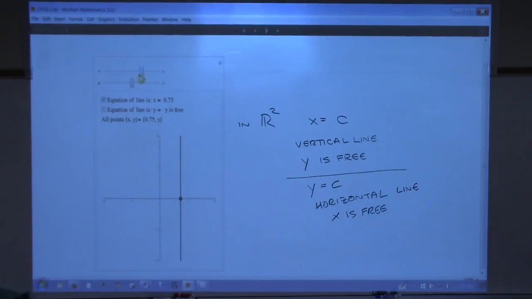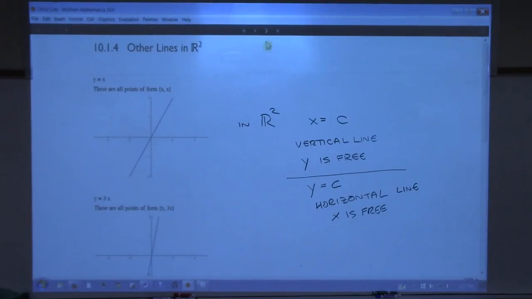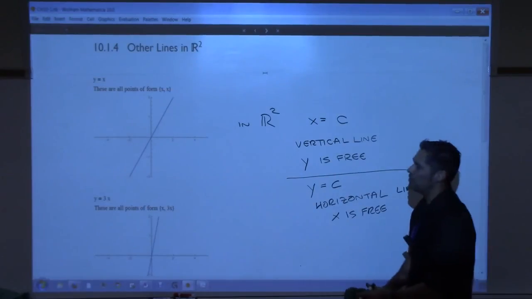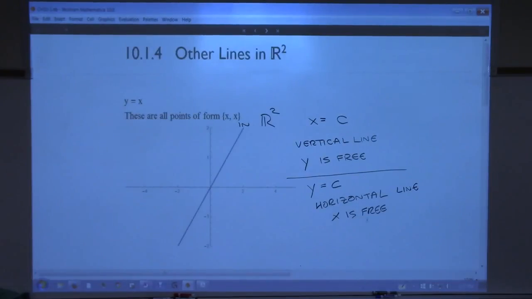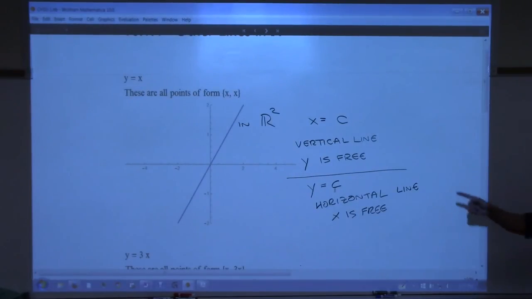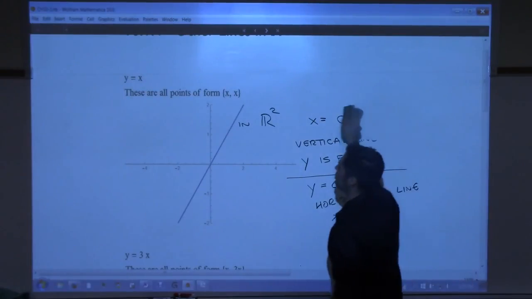If there are no questions, I'll continue. Some other lines that we should be familiar with. These are just basic lines from college algebra. Let me make these a little bigger. Y equals x. There's a special name for this special relationship, this line.